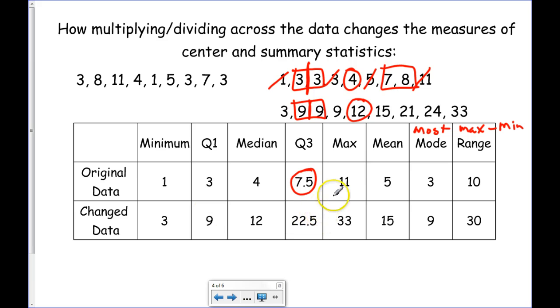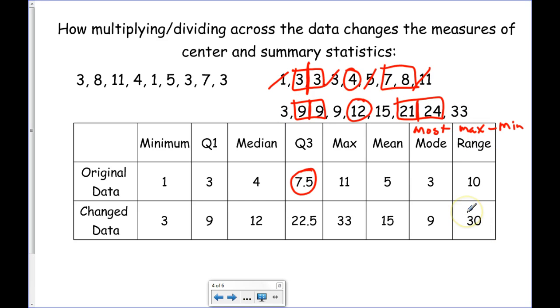Our third quartile is the number located between these 2 numbers. It's 22.5. I got that one by adding 21 plus 24 and dividing by 2. And 33 is our max. The mean was 15. The mode in this case is now a 9. There's 3 9s. And the range, 33 minus 3, is 30.